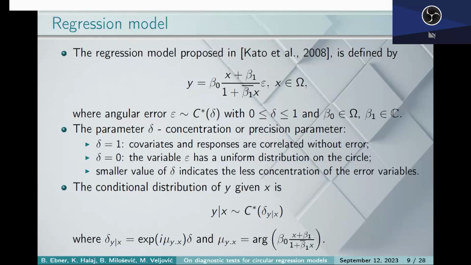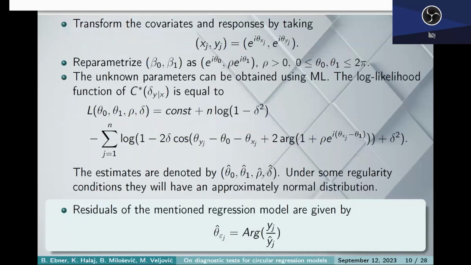First, we transform covariates and responses, and also transform parameters beta 0 and beta 1 into polar coordinates. Now we have four unknown parameters. We have parameters theta 0 and theta 1, which are the arguments of beta 0 and beta 1, respectively.